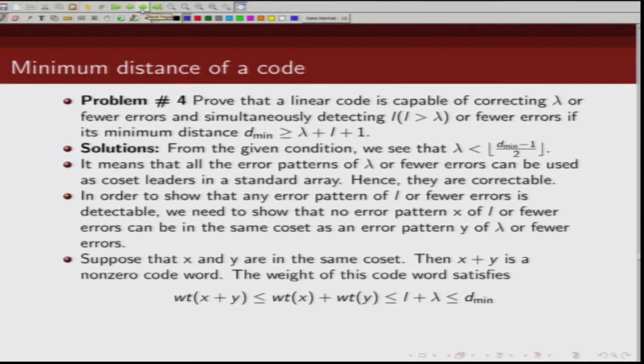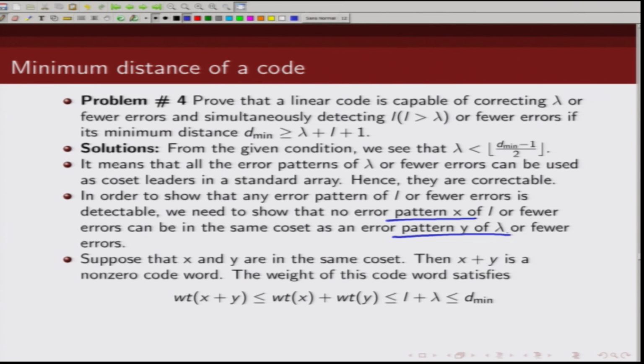So, we are now going to use the method of contradiction to show that it is not possible to have this error pattern x of L or fewer errors in the same coset as these error patterns y of lambda or fewer errors which we are trying to correct. How does this method of contradiction work?